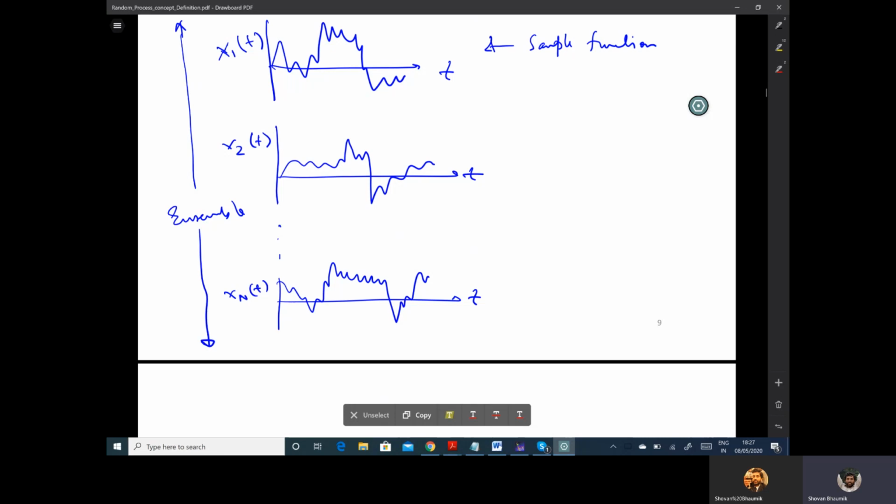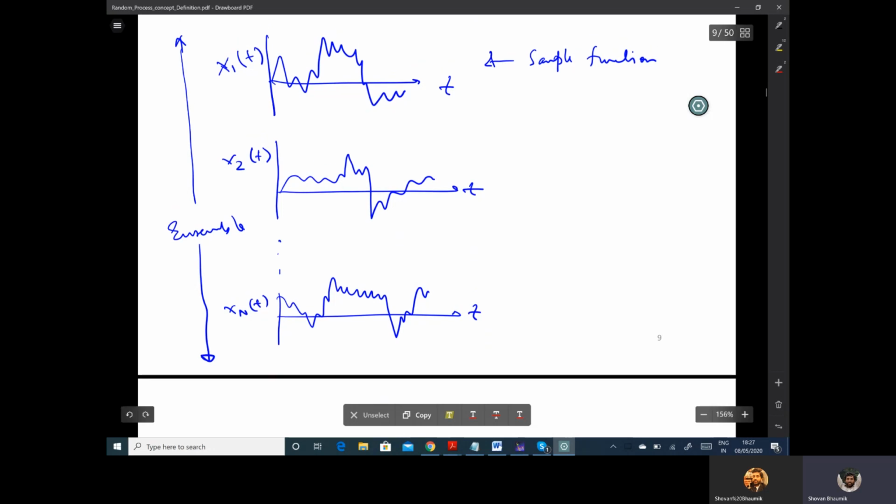So let's say we want to see what the value of the signal is at time t1. Let's say this is our time t1. Let's draw a straight dotted line through t1. What is the value over here?